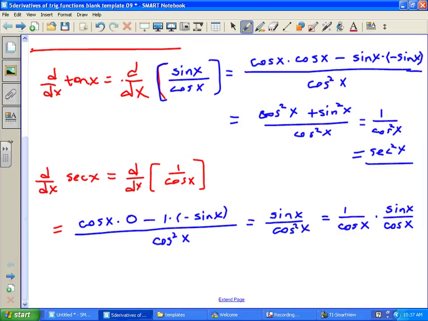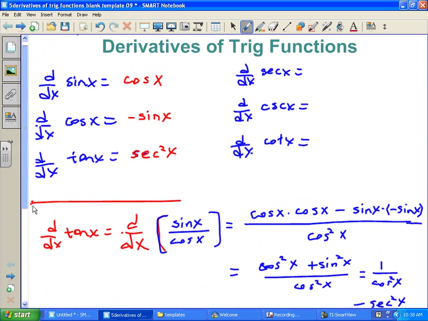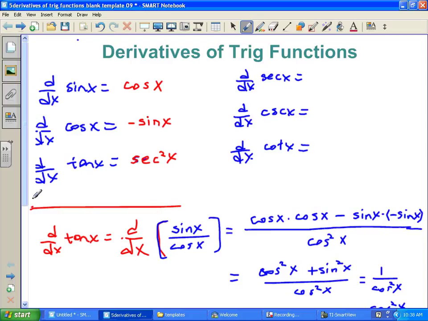Yes, we just split the cosines as cosine times cosine instead of cosine squared. Now, what is another name for 1 over cosine x? That's secant. And what's another name for sine over cosine? That's tangent. So usually that's the format in which you're going to see the answer, which is secant times tangent x. So what we have determined then, let's put that up in the chart, is that the derivative of the secant function is secant times tangent.